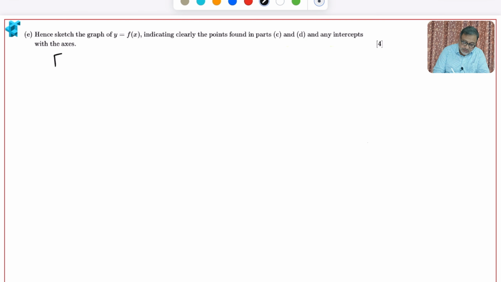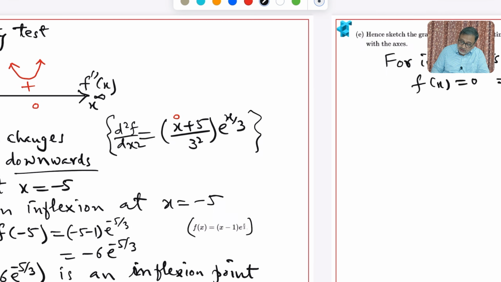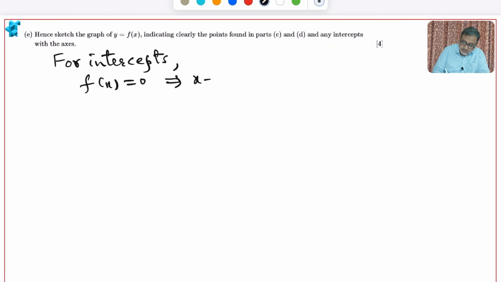For intercepts, f of x is equal to 0 we will put. Okay, so which will make this x minus 1 e raised to x by 3 equal to 0. e raised to x by 3 cannot be 0, so x is equal to 1. So x intercept is 1.